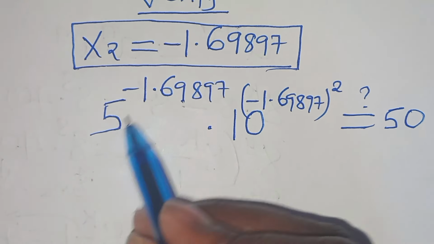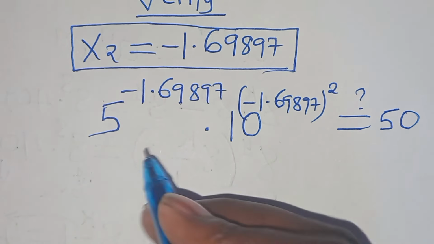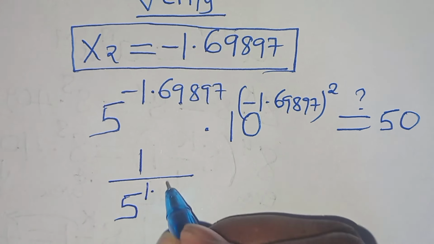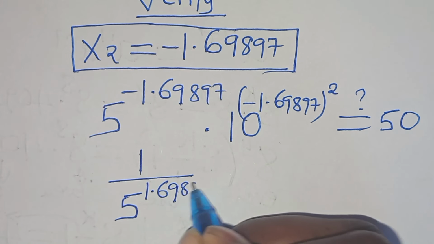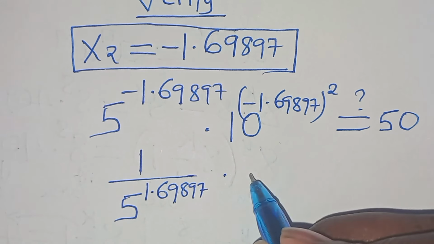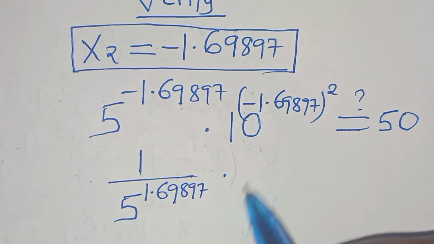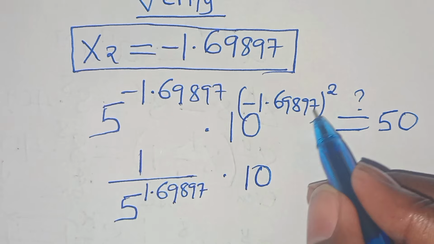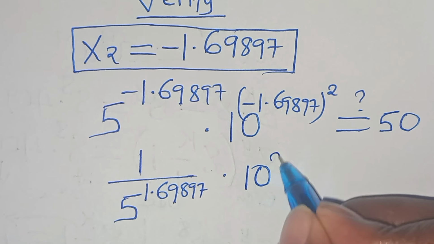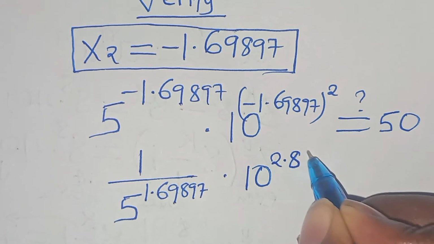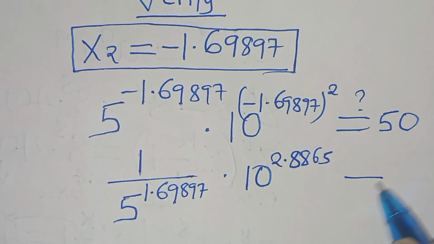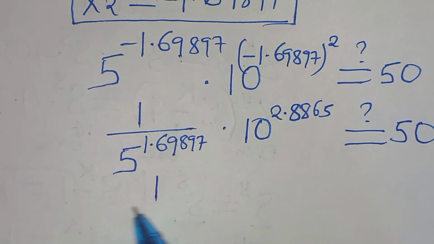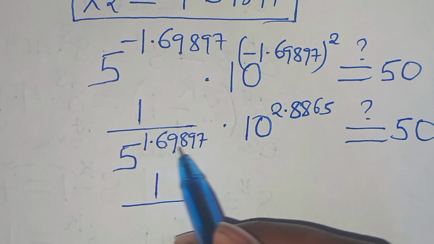So now 5 to the power of minus 1.69897 is the same thing as 1 over 5 to the power of 1.69897, multiplied by 10 raised to the power of minus 1.69897 squared, which is 10 to the power of 2.8865. Remember, this should give us a value of 50.